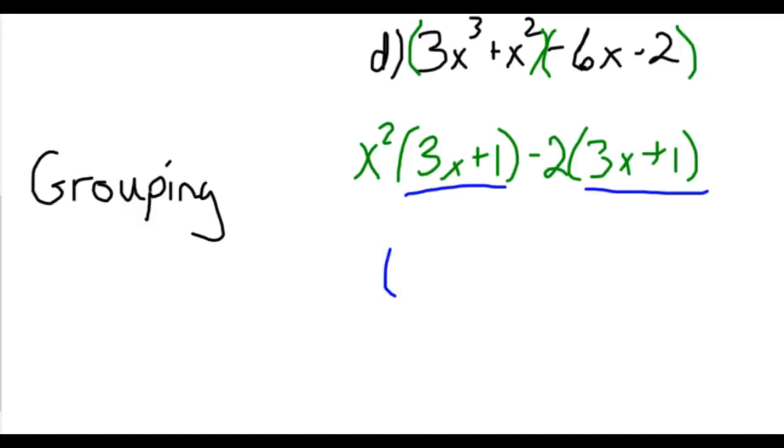And if that's the case, that becomes one of our factors, 3x plus 1. Now we need to look at what we took out in front, x squared minus 2, and we combine those together to make our other factor.